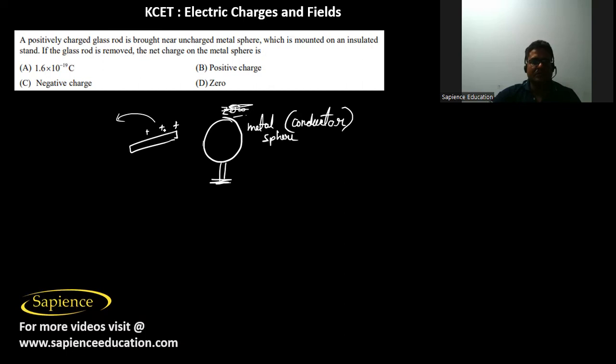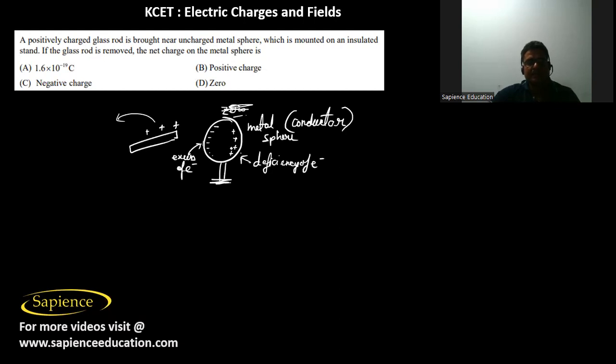So when the glass rod is brought near it, some negative charge will be formed on that side which is close to the glass rod, and on the opposite side an equal amount of positive charge will be formed. Since on this side we will have some excess of electrons, and on the opposite side the same amount of deficiency of electrons.